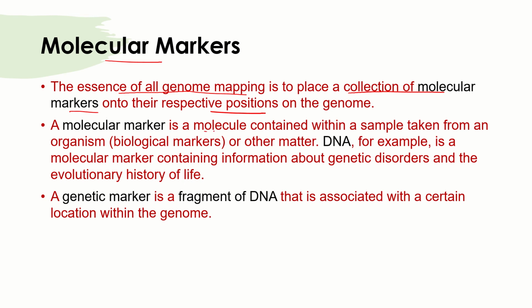A molecular marker is a molecule, it is a wide term, any molecule contained within a sample taken from an organism or matter. Any matter, it may be a non-living thing, it may be a living organism. When you take out a sample from that, whatever is the molecule of study, the molecule of interest in that sample, that will serve as a molecular marker.